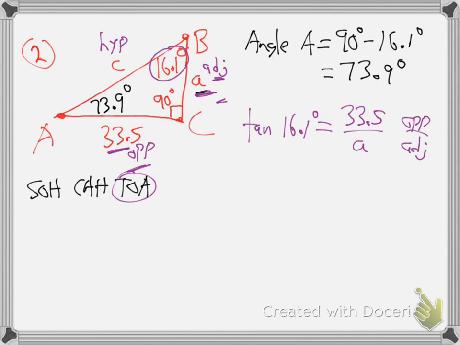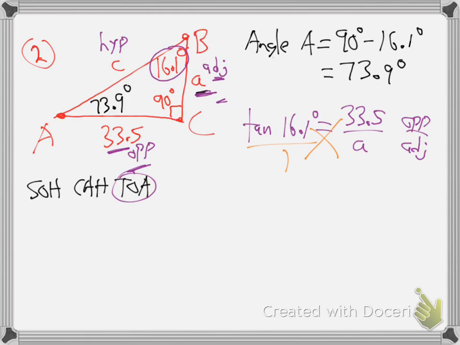All right, so if y'all did that or did the other one, either one, how do I now solve this, tangent 16.1 is 33.5 over a? Yeah, got to get a, and so how do I go about doing that, Mr. Austin? Yeah, excellent. Just go ahead and put this over 1. Whenever we have something that's not a fraction interacting with a fraction, just put it over 1 so it looks like a fraction, and then diagonal. Getting the hang of that?